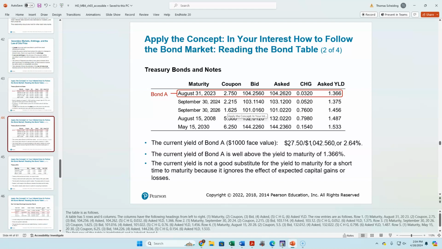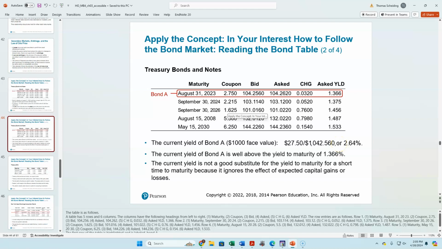So how do we get this 104.256? That would be the $1,000 times the bid price, right? And if we divide our coupon by that, we can solve for an interest rate of about 2.64%. The yield to maturity, 1.366. And what we can do then is compare the two.